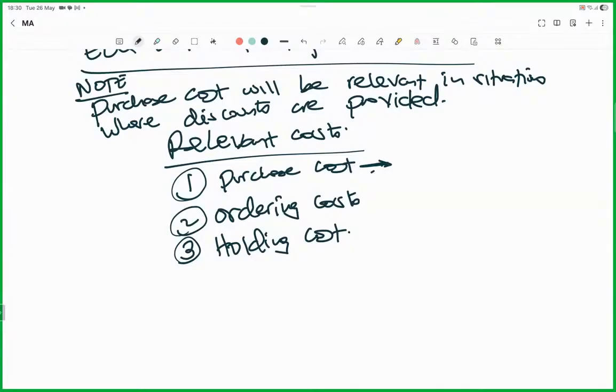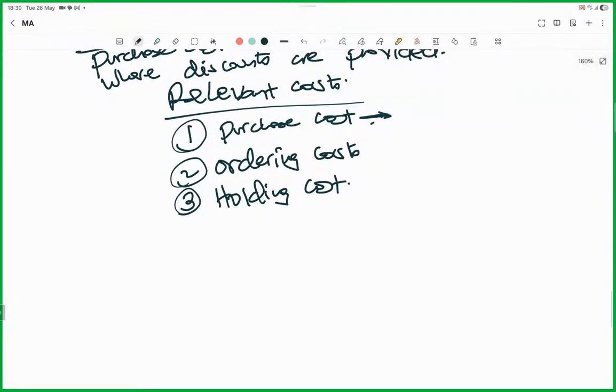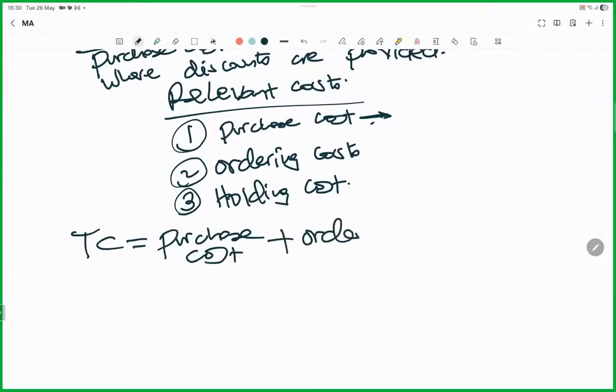Democratic Party? So anytime they talk about, ladies and gentlemen, total cost in a situation where discounts are provided, we shall take purchase cost plus ordering cost plus holding cost.